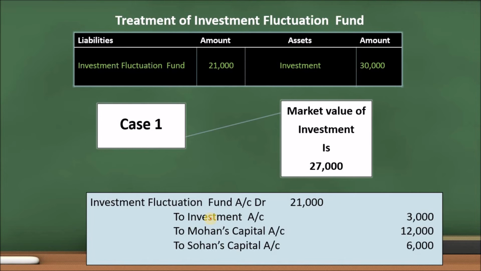We will use this fund up to 3,000 to investment account, and the remaining 18,000, that is 21 minus 3, that is 18, will be credited to partners Mohan and Sohan, and I told you the ratio is the ratio which they have decided, that is 2:1.